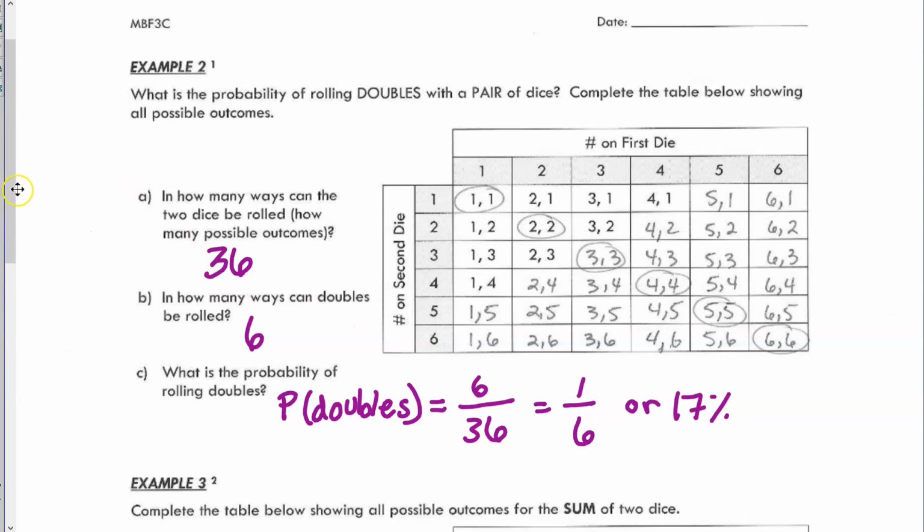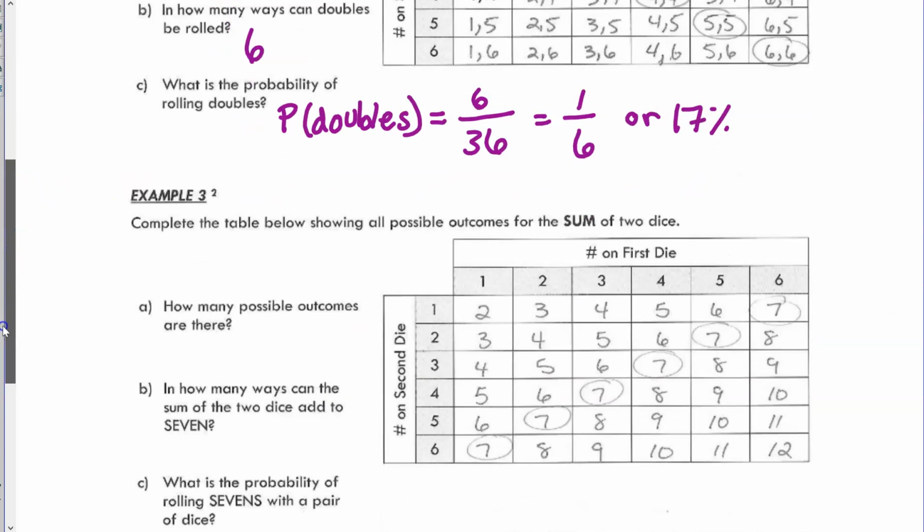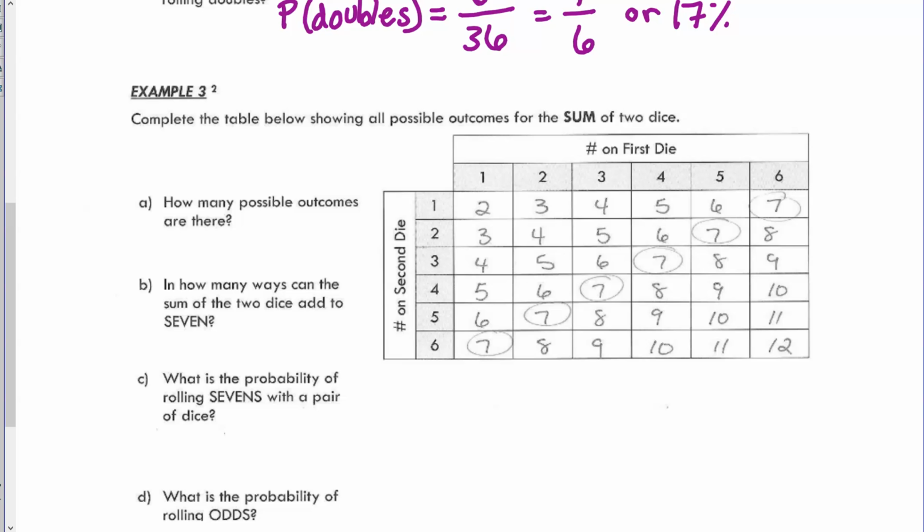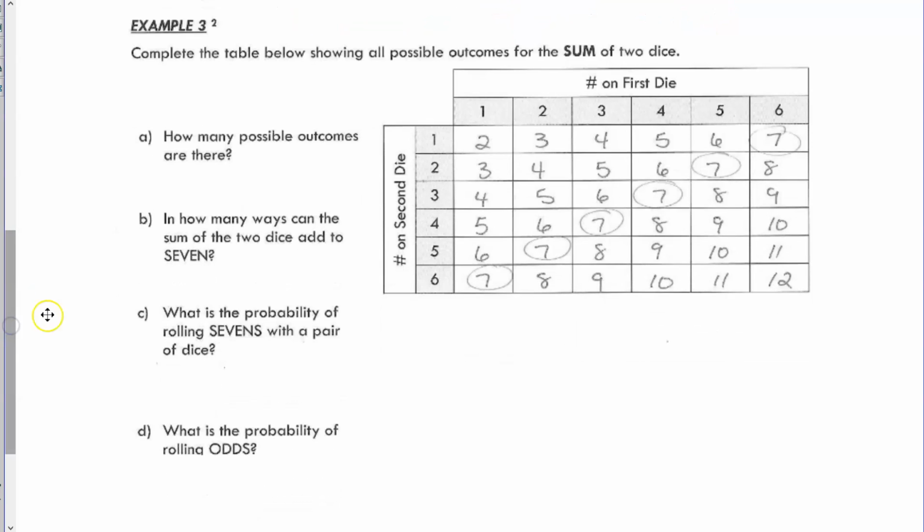Okay? Last example. Now we're looking at the sum of the 2 dice, so when you add them together. The table looks the same around the outside, 1 to 6 and 1 to 6, and then you add up the numbers on the dice to get the inside here. Again, there are 36 possible outcomes.